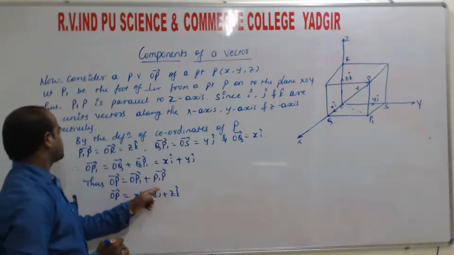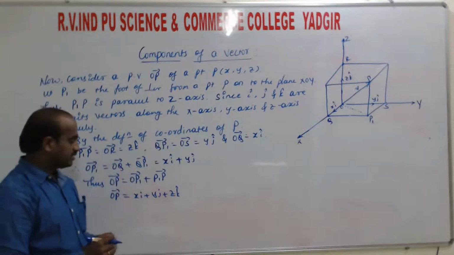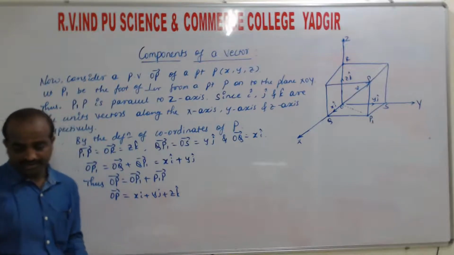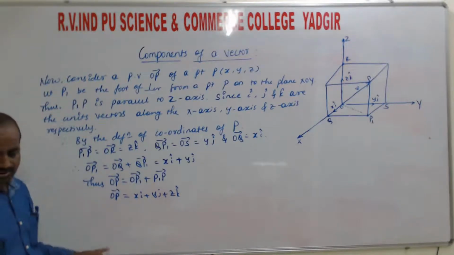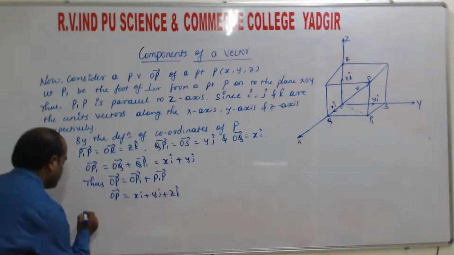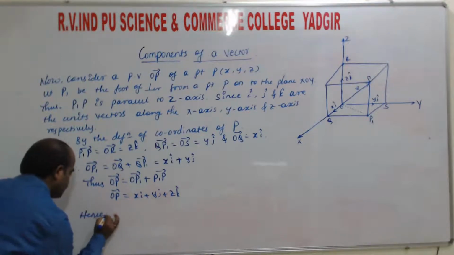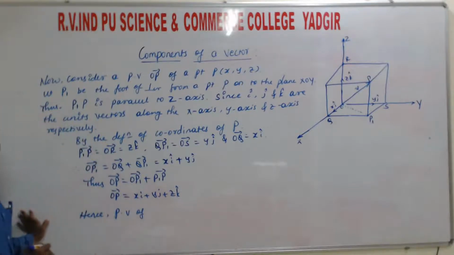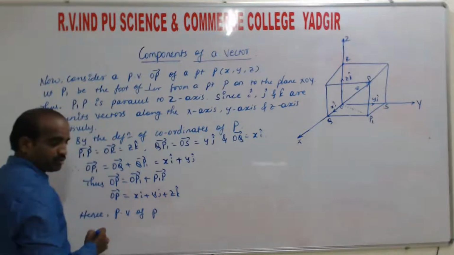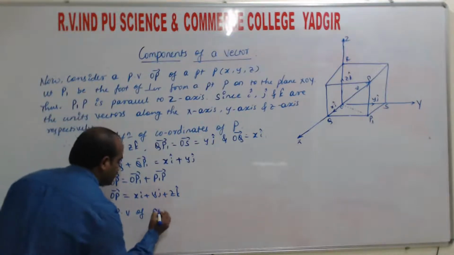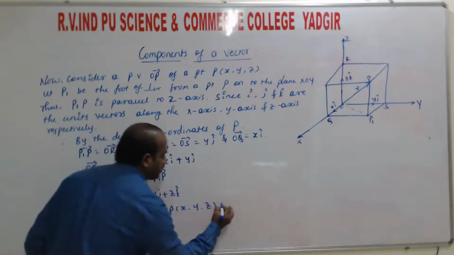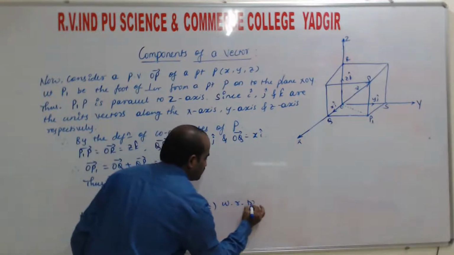P1P is what? zk. This is the vector components of a vector. And this is the position vector of point P of x, y, z with respect to O.